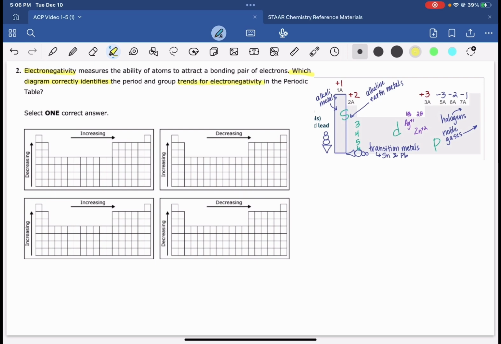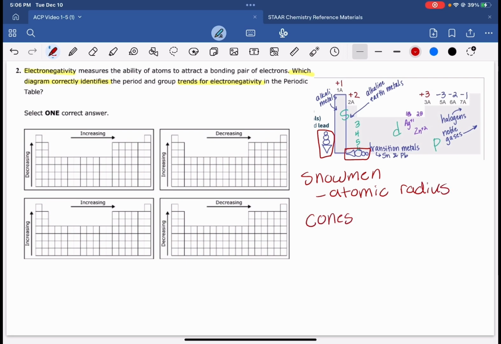So if we go ahead and look at our periodic table that you should have labeled, the same one that we used in question number 1, you should know that your snowman and your cone are for your periodic trends, okay? The snowmen are for atomic radius. We know that our cones are going to be for ionization energy and electronegativity.